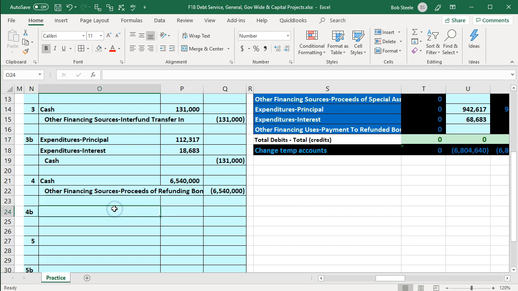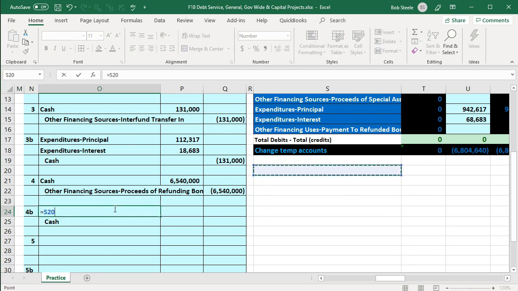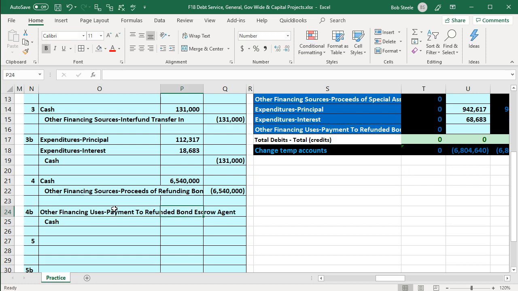Then the second transaction, we credited cash. So cash is going to go down, and the top portion is going to be other financing uses. So other financing uses is going to be the debit, dollar amounts being the same. So we'll pick up the same dollar amounts. There we have it. We're going to debit then other financing uses up top in U16 equals other financing uses.